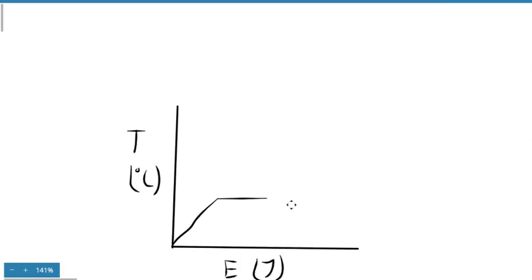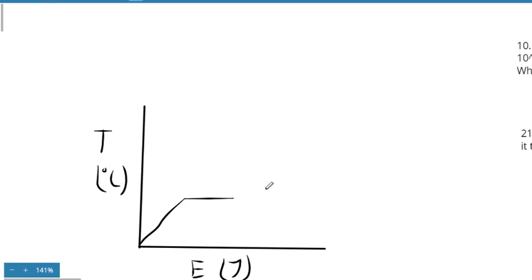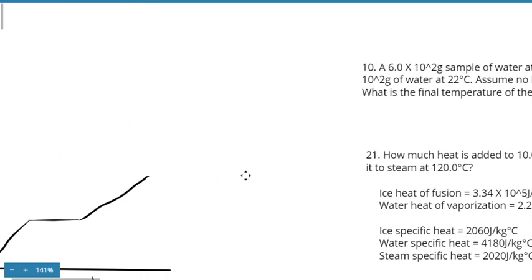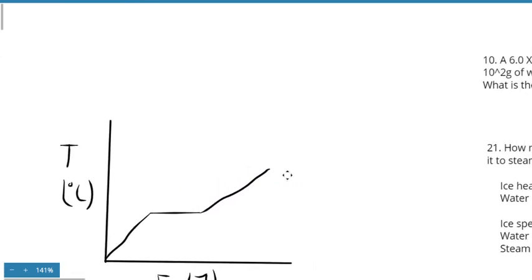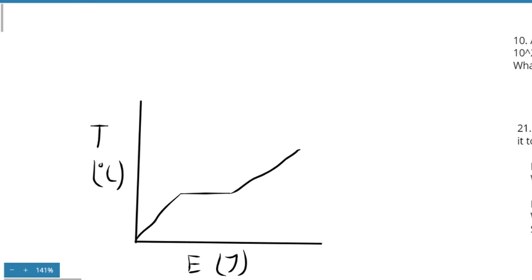And then it completely melts. There we have water now, and then water has its own relationship, which is like this. And then when we hit 100 degrees Celsius, it turns into steam. Here, let me write these. This is 0. This is 100.